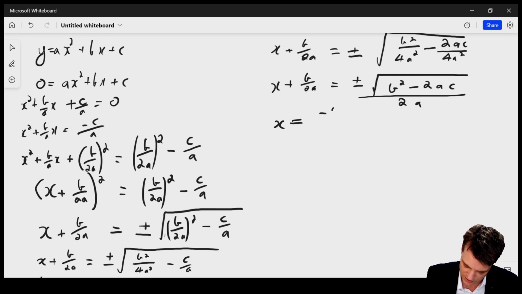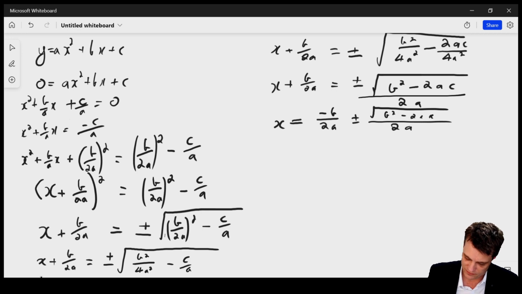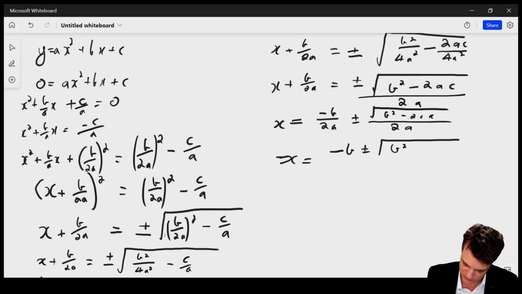So we end up with minus b on 2a plus or minus the square root of b squared minus 2ac all over 2a. Obviously, we can put that together, and what does that give us? x is therefore equal to minus b plus or minus the square root of b squared minus 2ac, all over 2a.